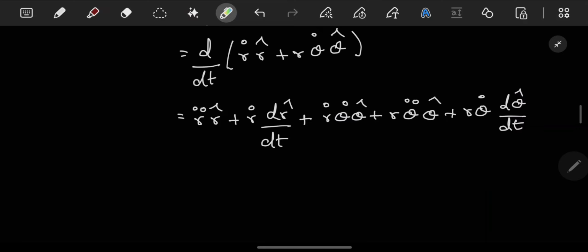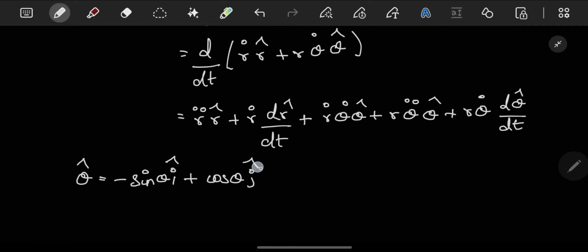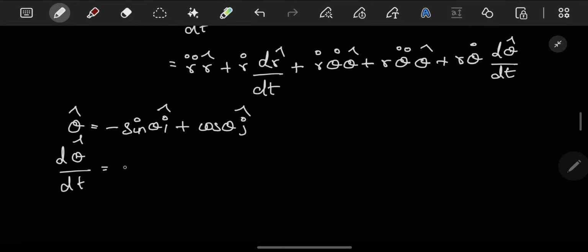So for that, we will calculate d theta cap by dt using the value of theta cap, where we know that theta cap is equal to minus sine theta i cap plus cos theta j cap. d theta cap divided by dt is equal to minus theta dot cos theta i cap minus theta dot sin theta j cap.